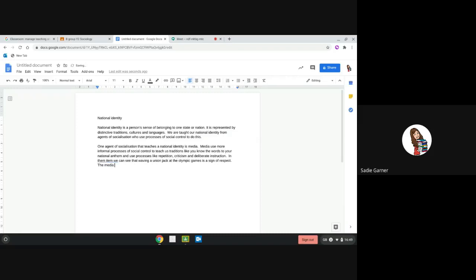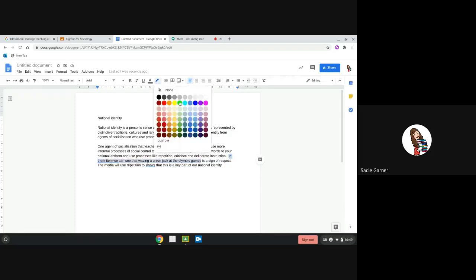The media will use repetition to show that this is a key part of our national identity. The only bit from the item that links to a national identity is the waving of the Union Jack at the Olympic Games.